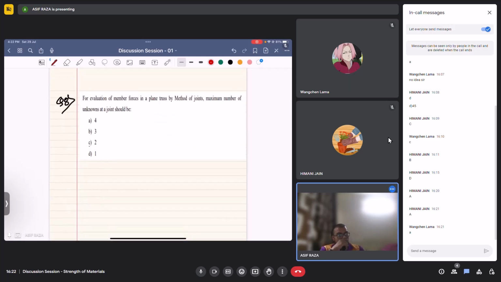So for evaluation of member forces in a plane truss by method of joints, the maximum number of unknowns at a joint should be, and options are 4, 3, 2, 1. So what do you think?